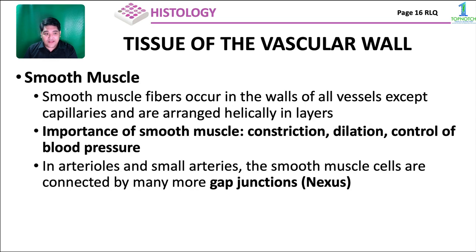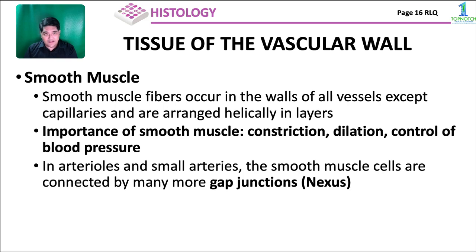Now, in the tissue of the vascular wall, you also have smooth muscle. Okay, except lang saan sa capillaries. Important siya in the regulation of blood flow because it has constriction, dilation, and the control of blood pressure. Now, in arterioles and small arteries, the smooth muscle cells are connected by many more gap junctions or nexus.